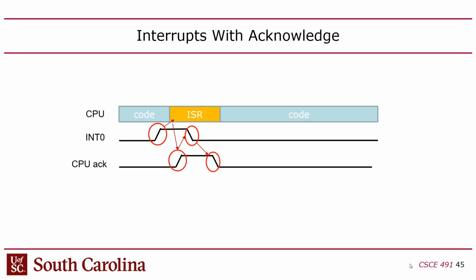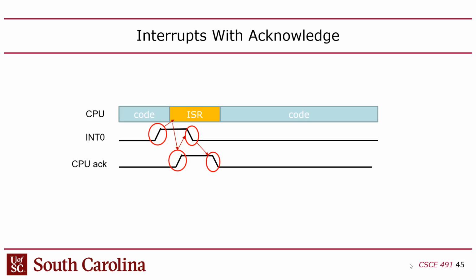And then the CPU will keep the acknowledgement high until it finishes the interrupt service routine, at which point it'll drop the acknowledgement signal, so the peripheral knows that it's not allowed to issue a second interrupt until that acknowledgement goes down.